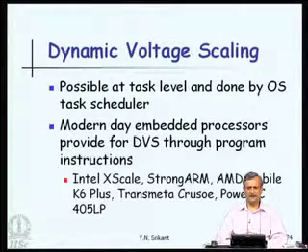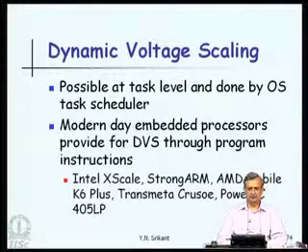Then there is dynamic voltage scaling. This is possible at task level and is done by the operating system task scheduler. Of course, it is also possible to do it inside the program. We will see that a little later, but that requires compiler help. Modern day embedded processors provide for dynamic voltage scaling through program instructions.